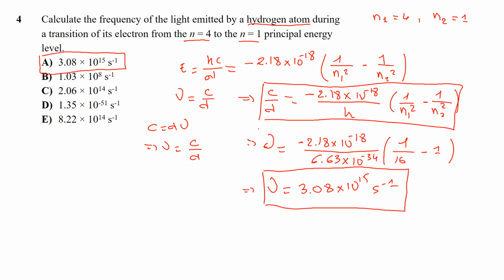Here just use hc over lambda, the difference of energy, delta E. It's between 1 and 4, so I have levels 1, 2, 3, 4, and the electron is transitioning between 4 and 1. A photon is released with wavelength lambda. So this is delta E, and delta E equals hc over lambda.